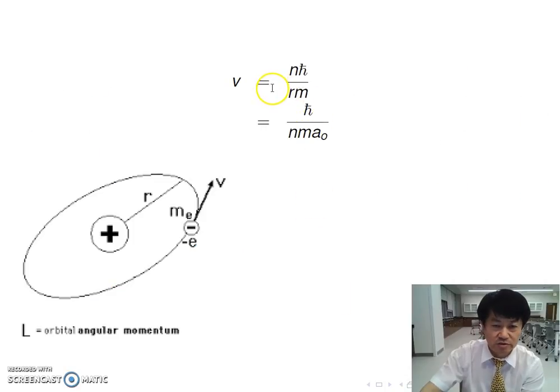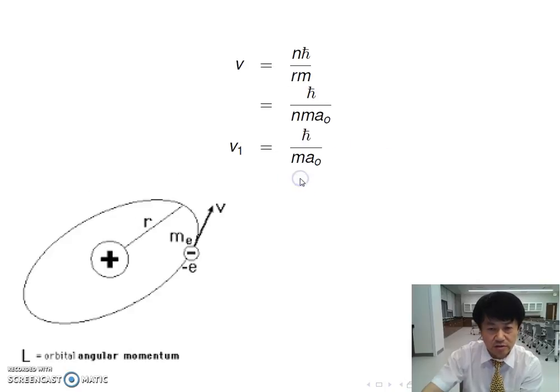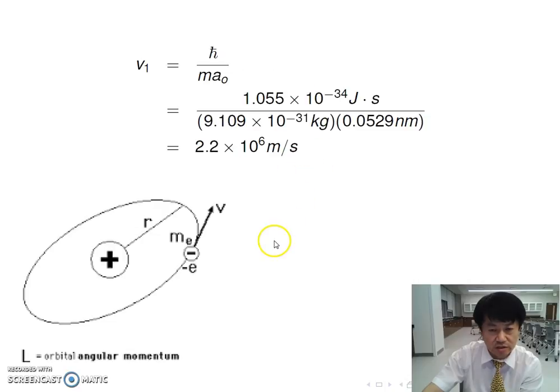For the speed expression, we have n h bar over r m. Now we have the r expression, which is a naught n squared. Plug that in, and it simplifies to h bar divided by n m a naught. For the innermost orbital pathway, where the principal quantum number n is 1, it turns out to be h bar over m a naught.